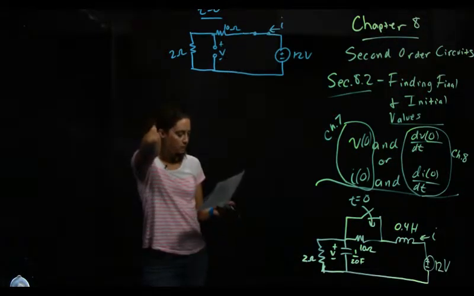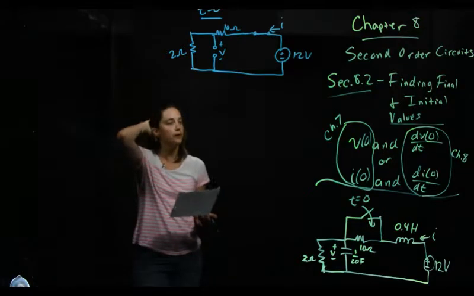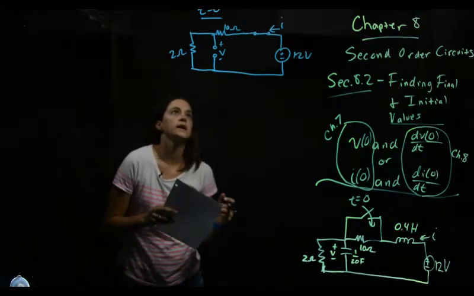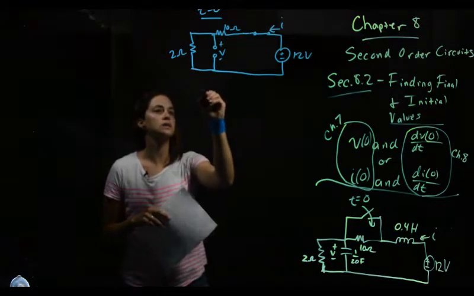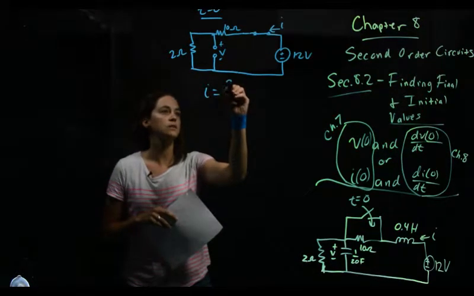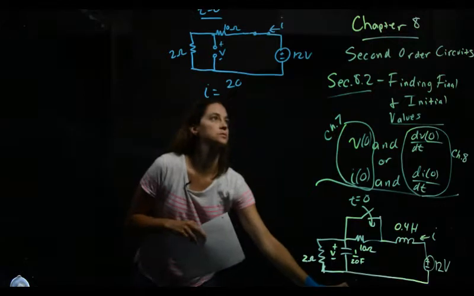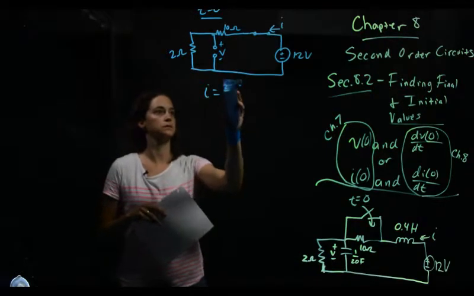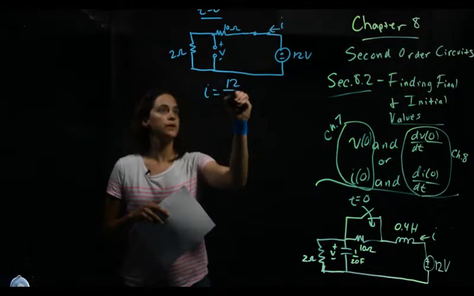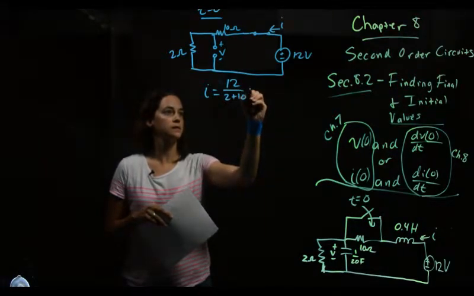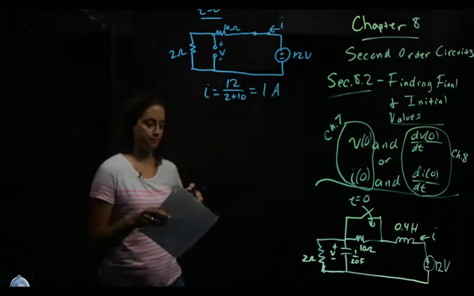Okay, so this is pretty simple, right? We have these resistors in series, so my current is V over R. Oh, that's not a 20, that's a 12. 12 over 2 plus 10, or 1 amp.